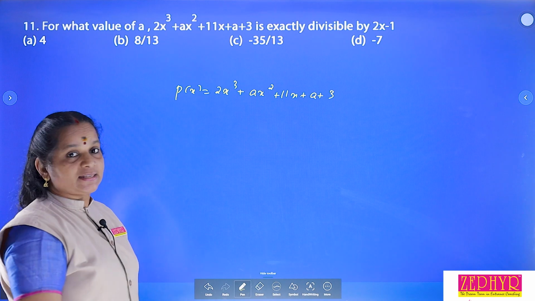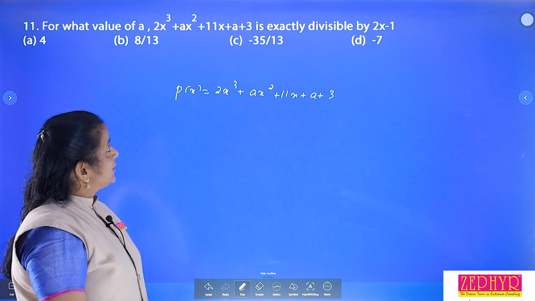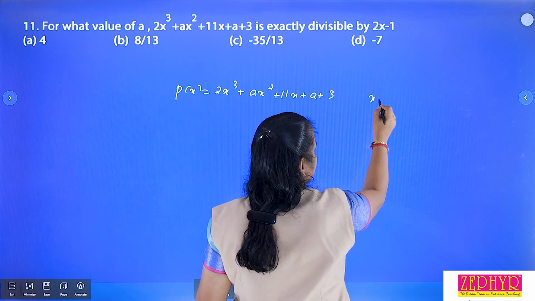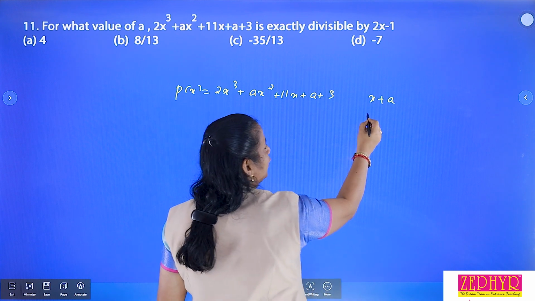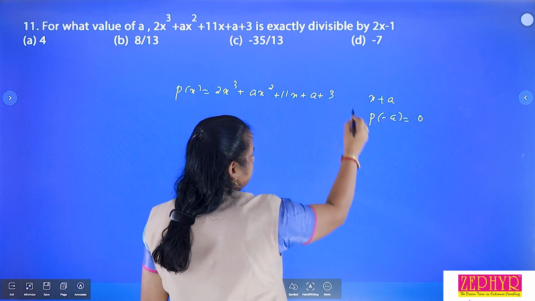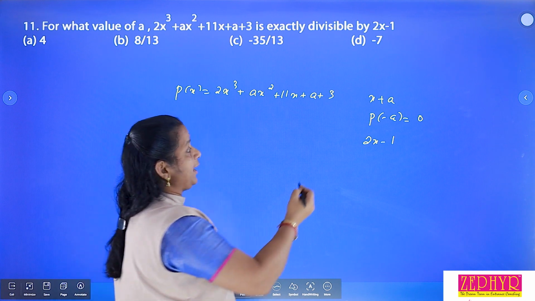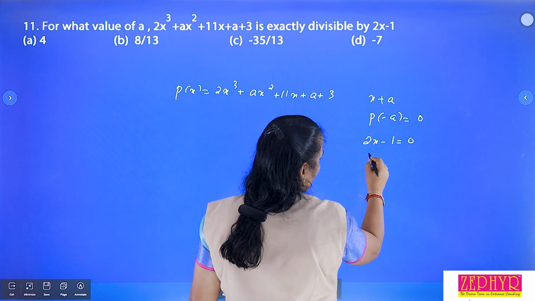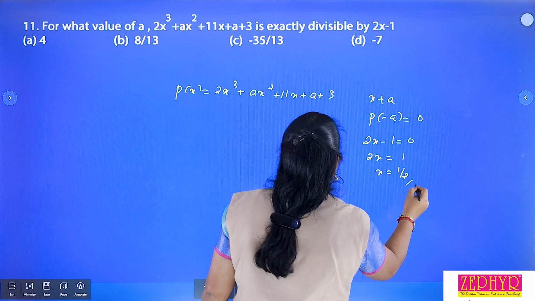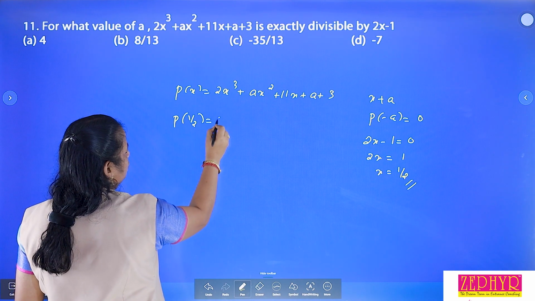When a polynomial is exactly divisible by 2x minus 1, or when 2x minus 1 is a factor of the given polynomial, we already said that if x plus a is a factor of the polynomial, then p of minus a is equal to 0. So if 2x minus 1 is equal to 0, we get 2x equal to 1, or x equal to 1 by 2. So we get p of 1 by 2 equal to 0.